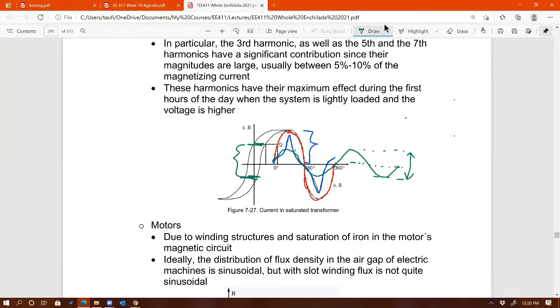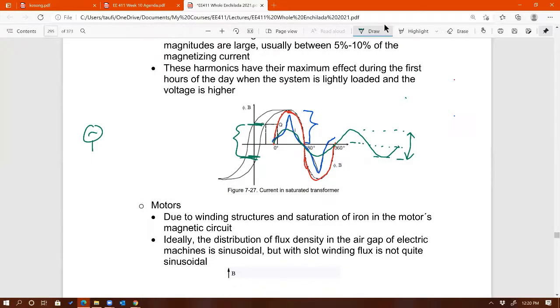Well, this is possible when the system is lightly loaded. When the system is lightly loaded, the voltage will be higher than the nominal value. Just like a regular AC voltage, by Ohm's law, that's what is going to happen.